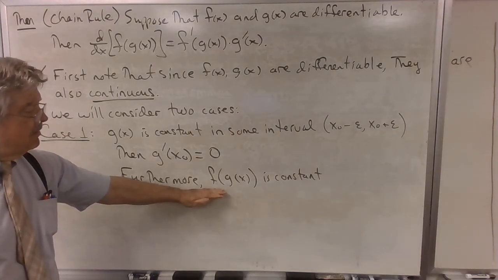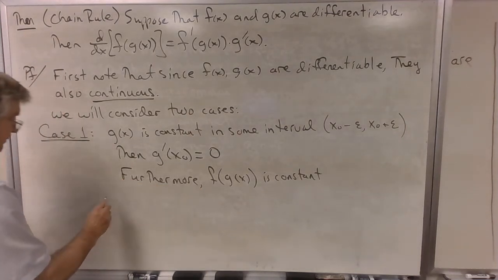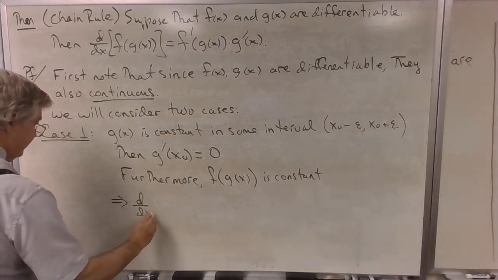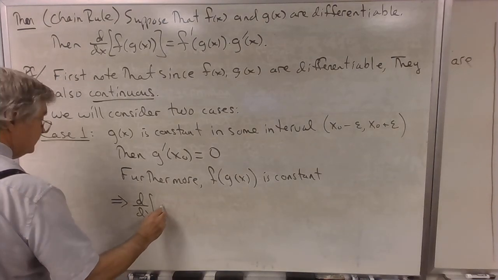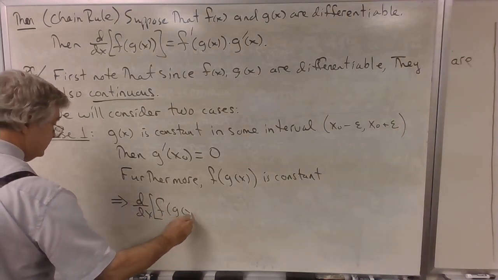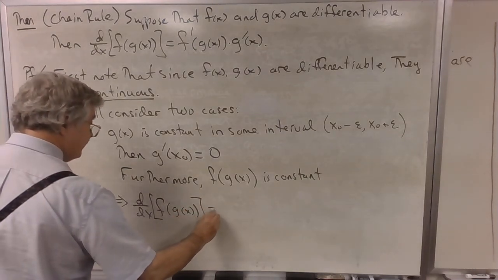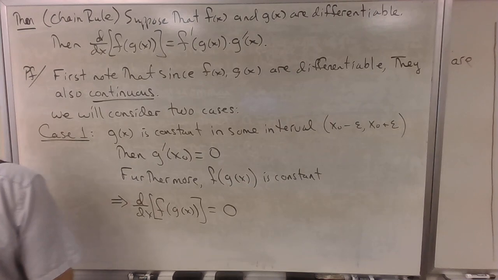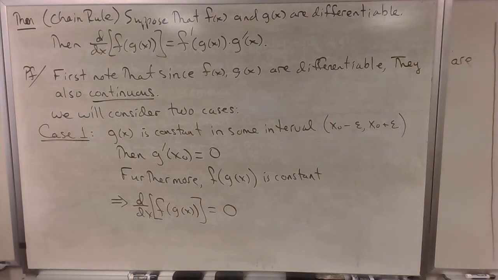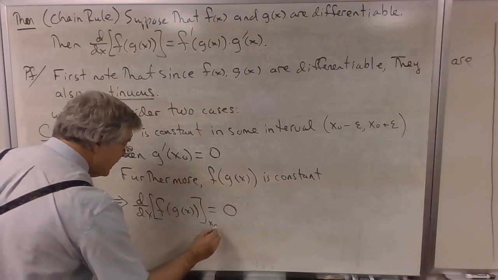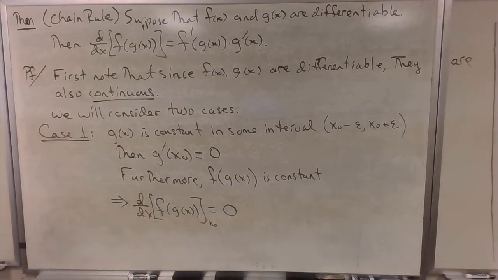So f evaluated at g of x is constant. So the derivative of f of g of x evaluated at x naught is 0.